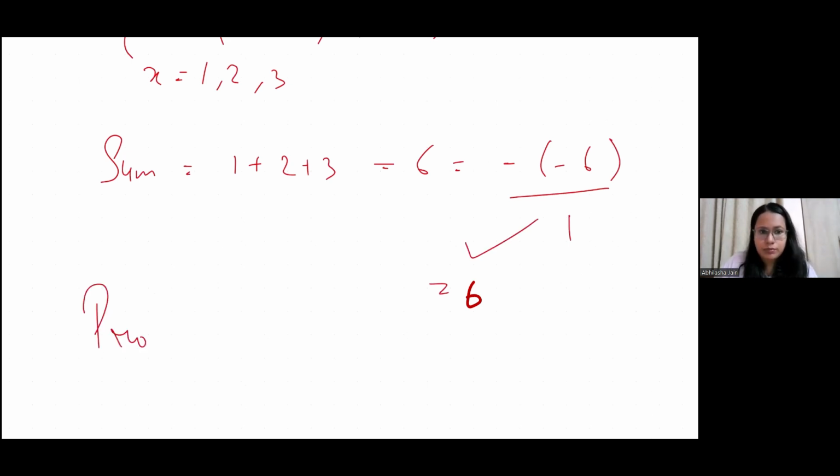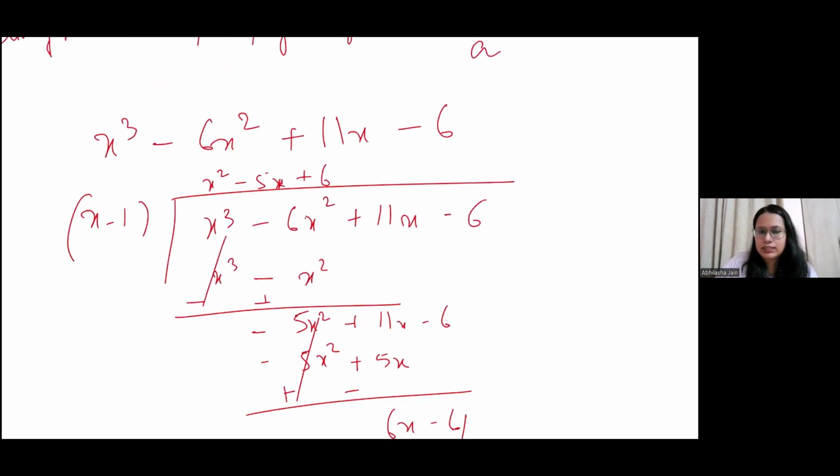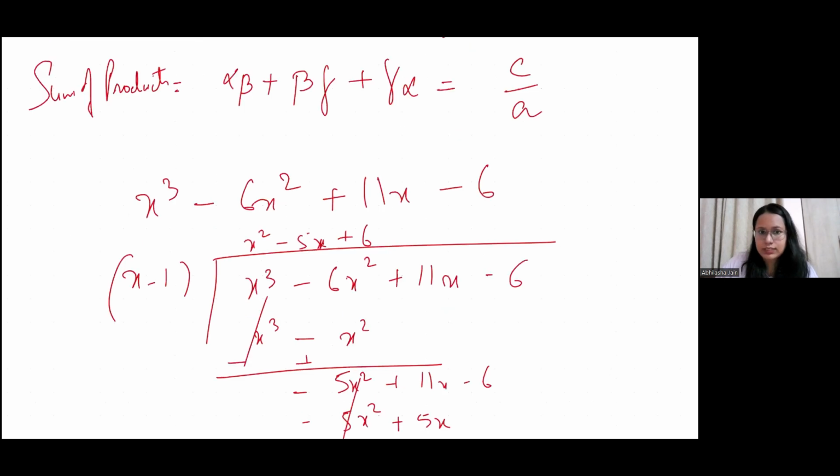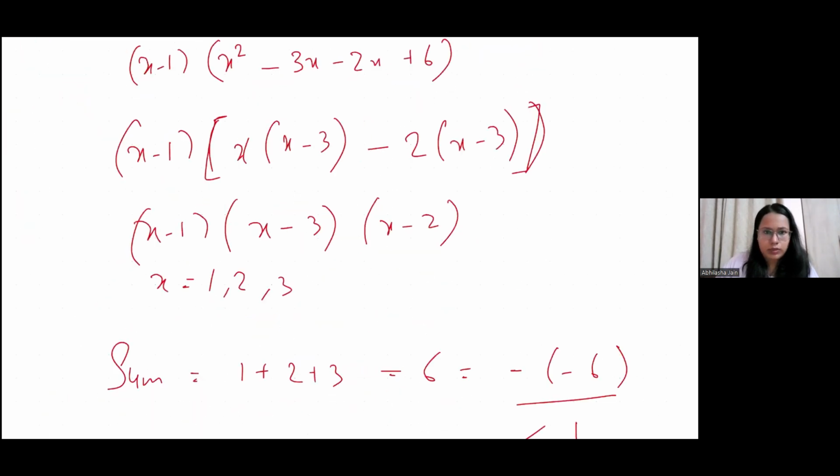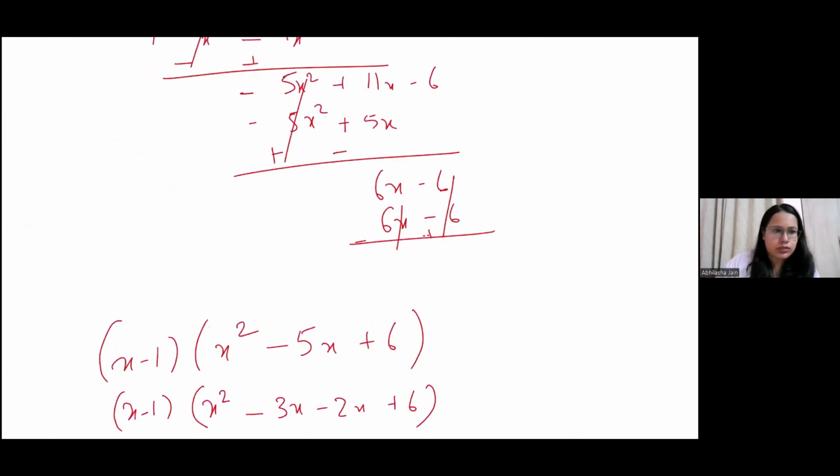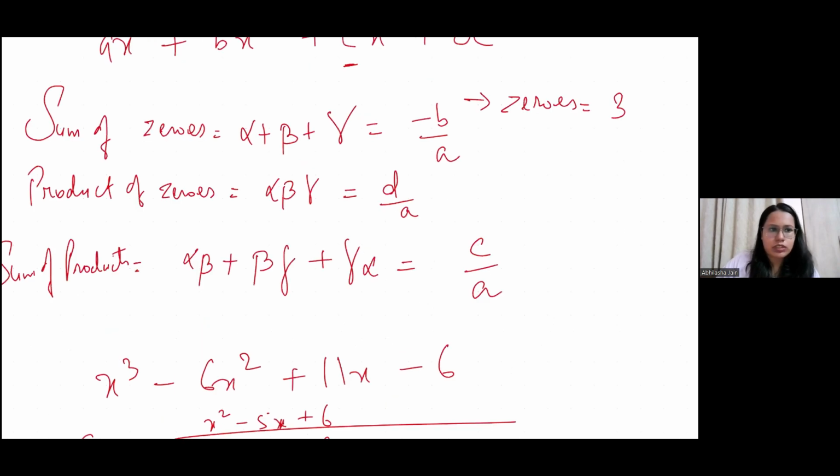Now we are going to do the product, which is 1 times 2 times 3. It's 6, right? D is negative 6. Oh, my mistake, it is negative d over a.